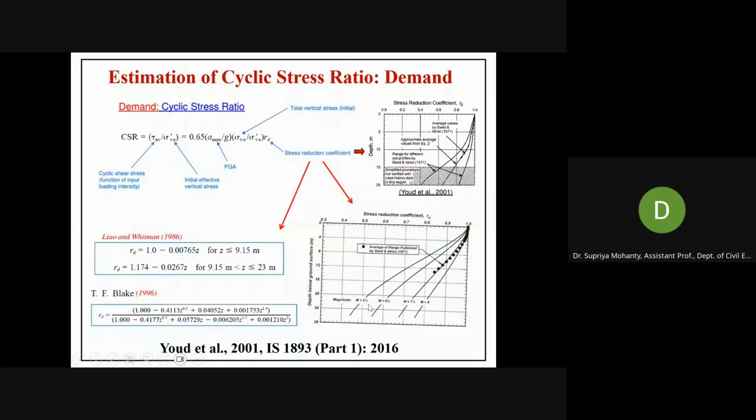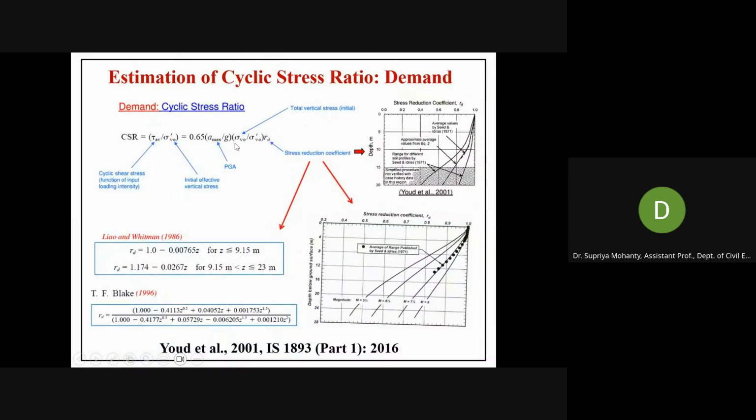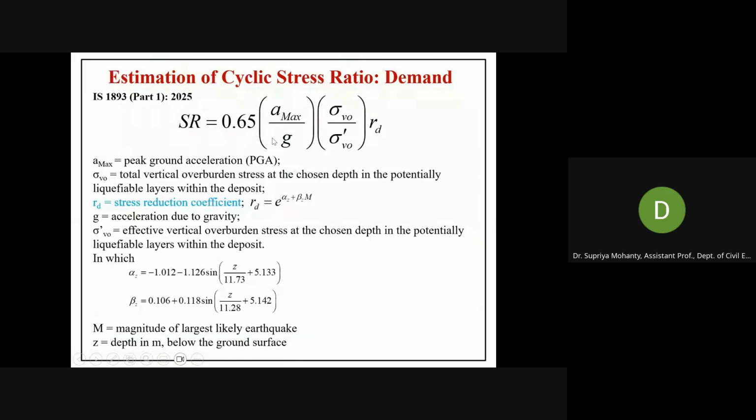In this CSR, the cyclic stress ratio, which is nothing but the demand, it is a function of A max by G, that is the PGA, which in the previous slide we had discussed. For different regions we have different PGA values, and this total stress to effective stress ratio, and RD, the stress reduction coefficient. So in IS 1893 part 1 2025, a similar expression has also been mentioned.